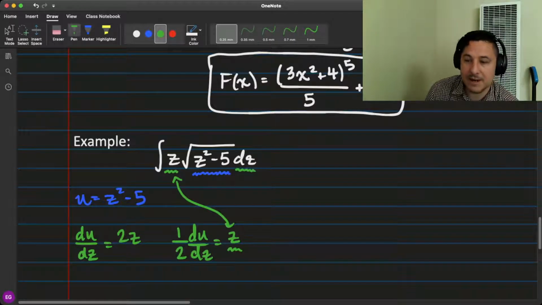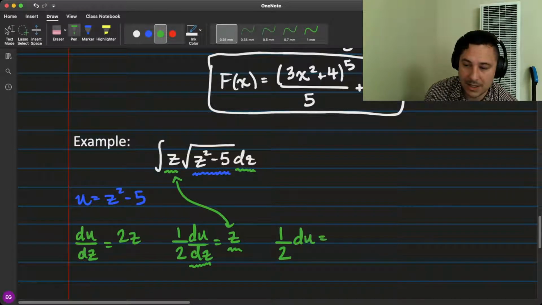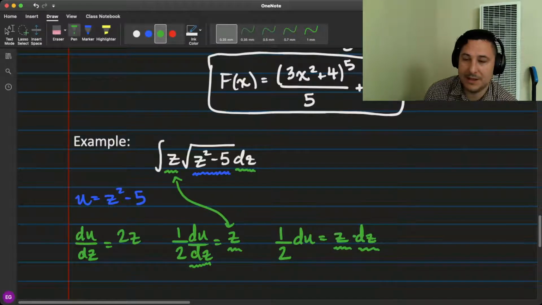Do you see this dz right here? There's a matching one right here. So I can multiply both sides of that equation by dz, and I get 1/2 du equals z times dz. The z and the dz now match completely with that.